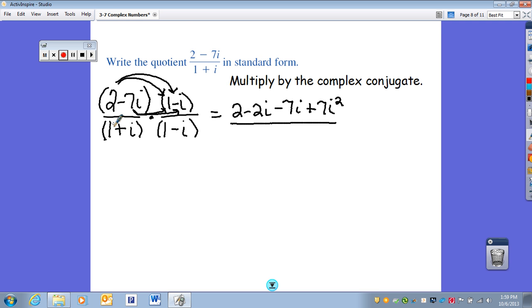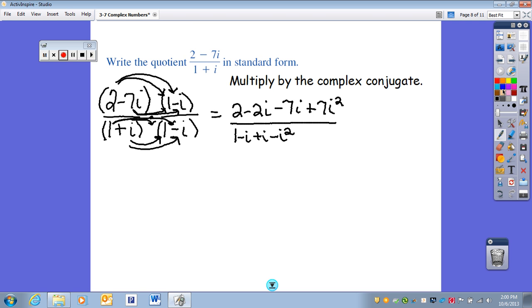So we'll FOIL it. We have 1 times 1 and 1 times negative i. So we have 1 and then negative i. And then we have i times 1 and i times a negative i. So that'll be plus i minus i squared. If you remember then, i squared is negative 1.